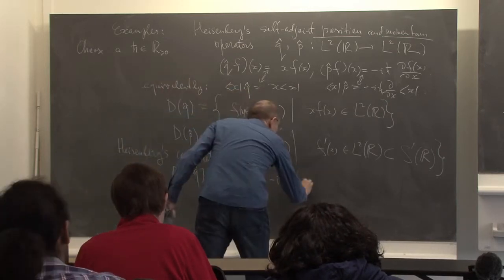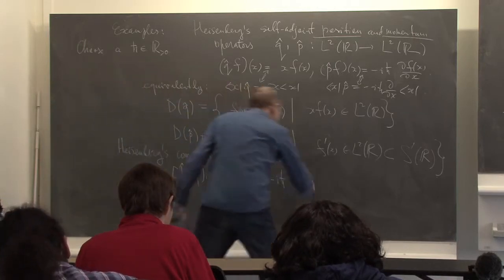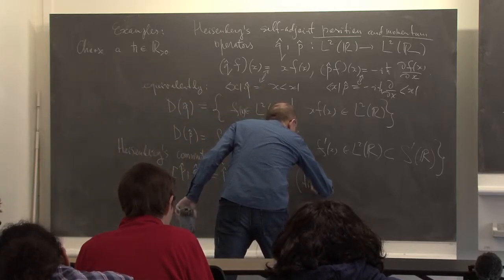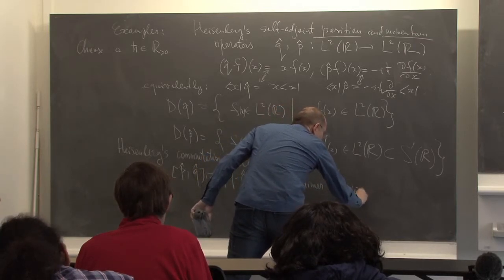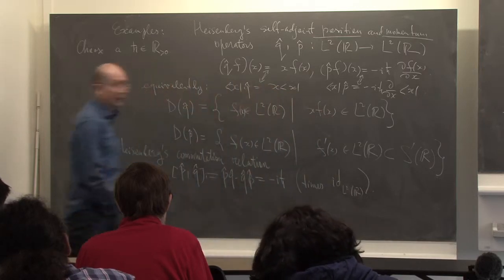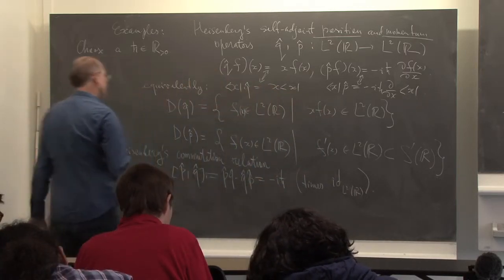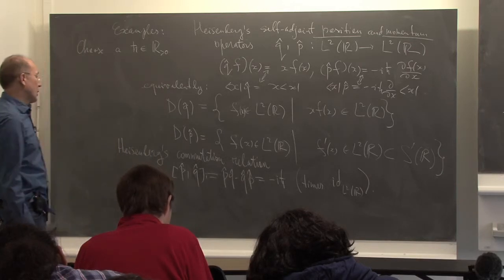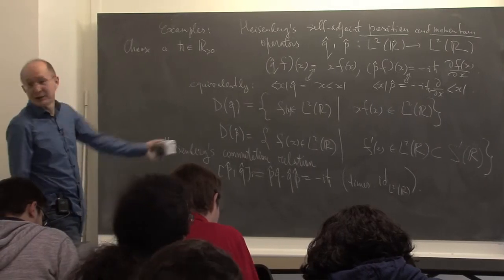But we don't write the identity. In reality, here is the identity operator times the identity in L2 of R. But we suppress it in order that it looks as nice as this.